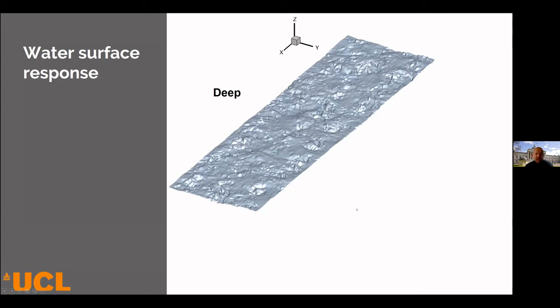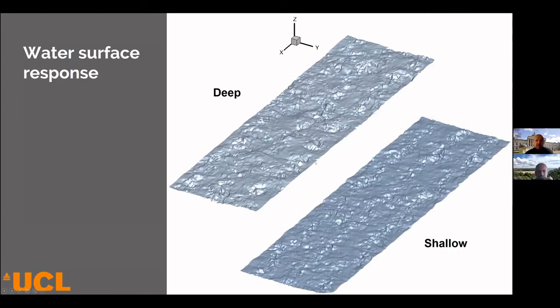And then we looked at the texture and compared the difference between deep and shallow flow. Again, this is obviously exaggerated. We've stretched it in the vertical so that you can see it a little bit clearer.